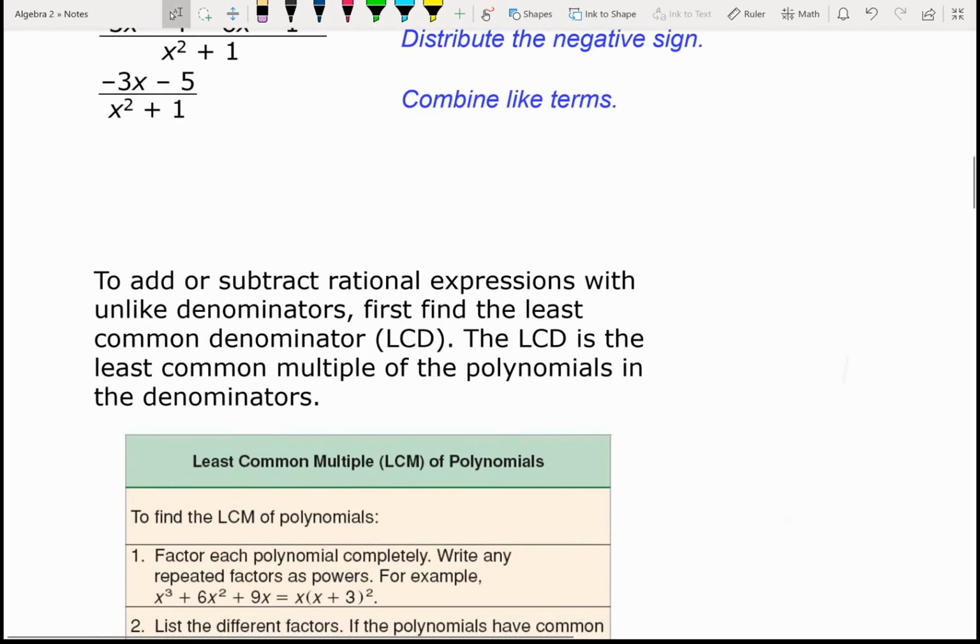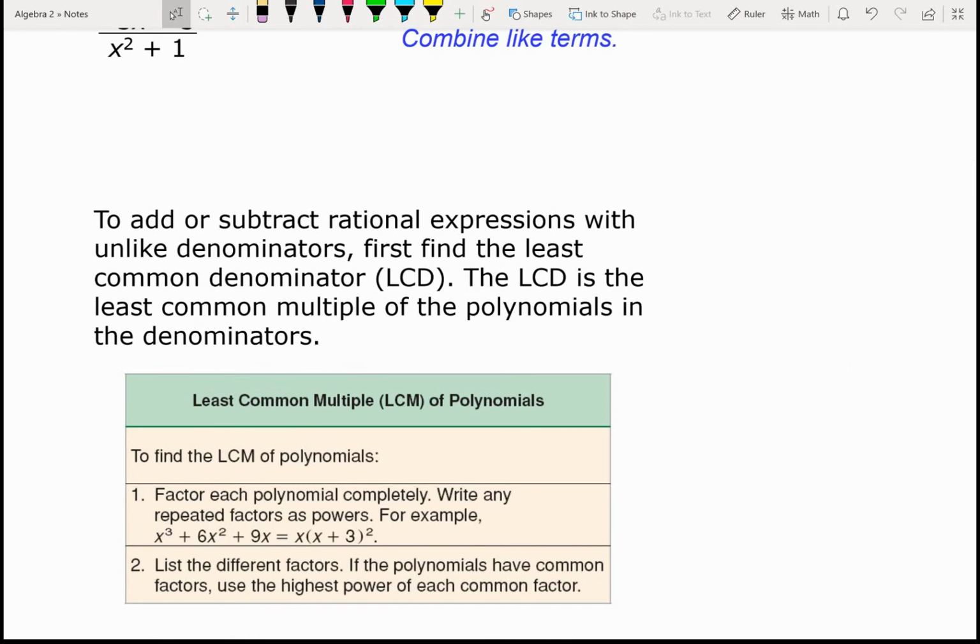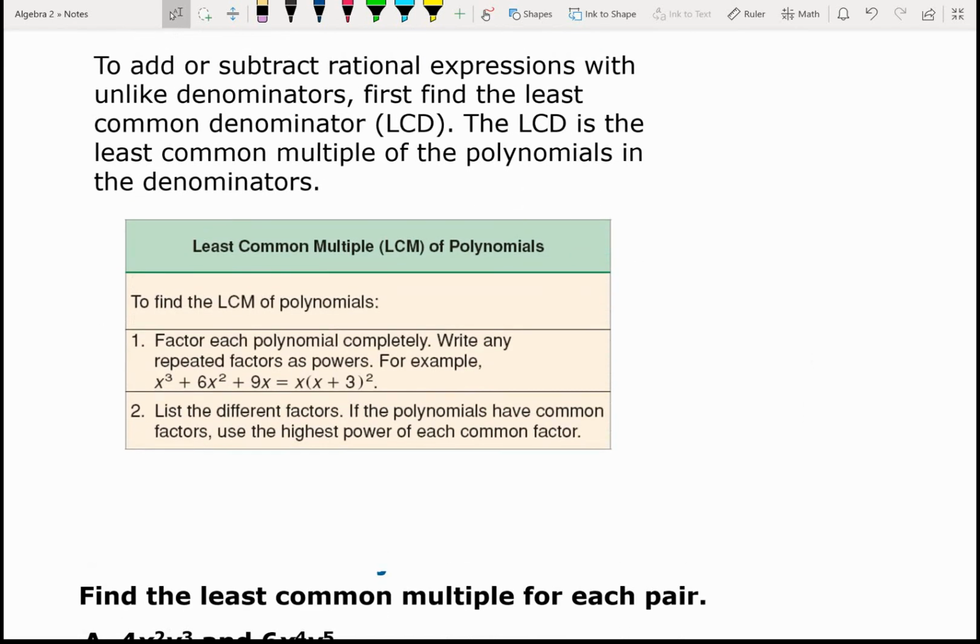Now, to add and subtract rational expressions with unlike denominators, you first have to find the least common denominator, or LCD. The LCD is the least common multiple of all the polynomials in the denominators. To find the least common multiple of polynomials, you must factor each polynomial completely.